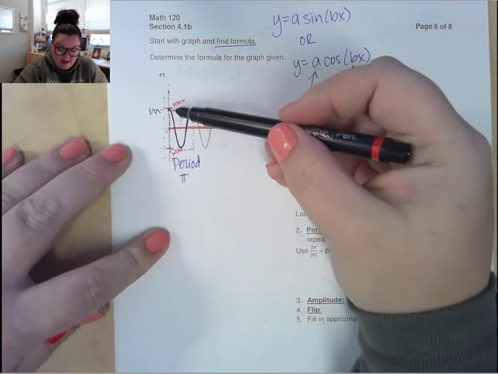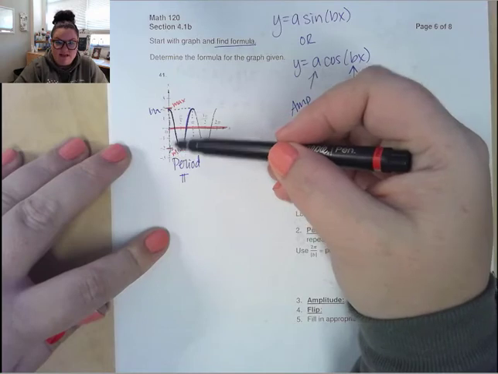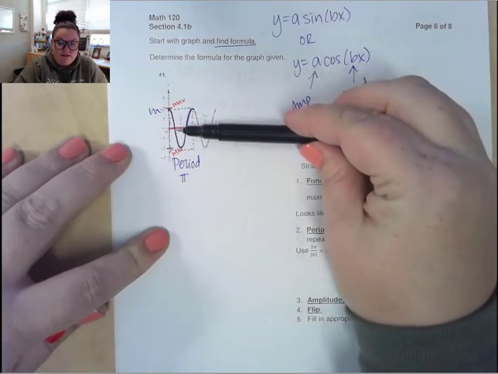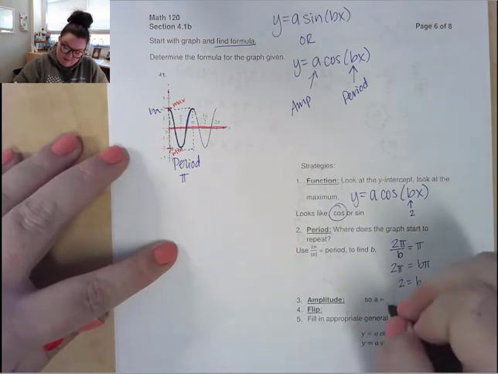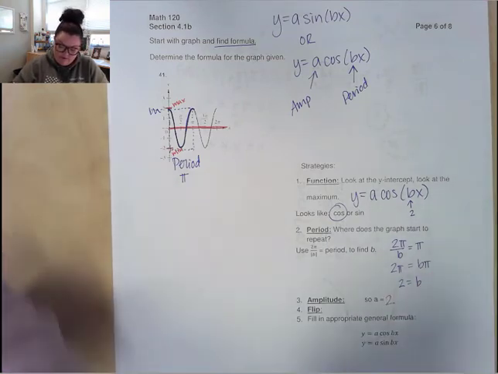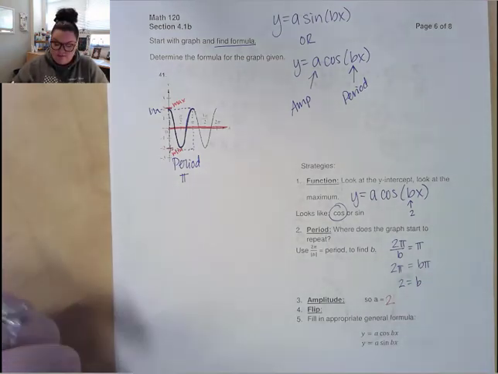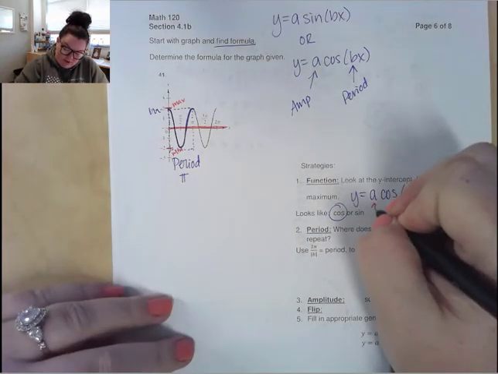So notice my maximum is 2, my minimum is -2. So from that vertical center up to the maximum, that's a distance of 2. Okay, so I know that my a value is 2.